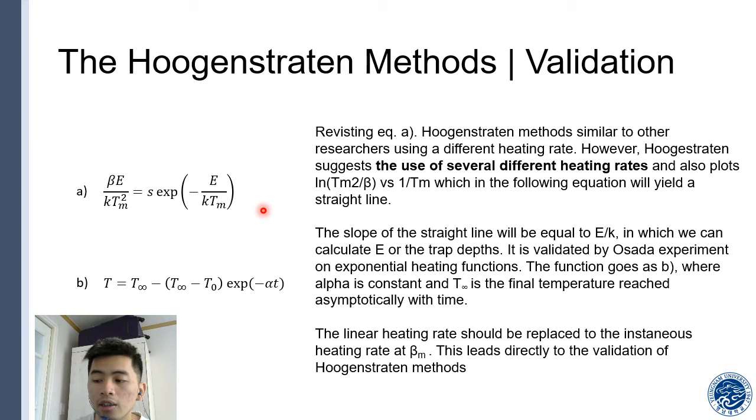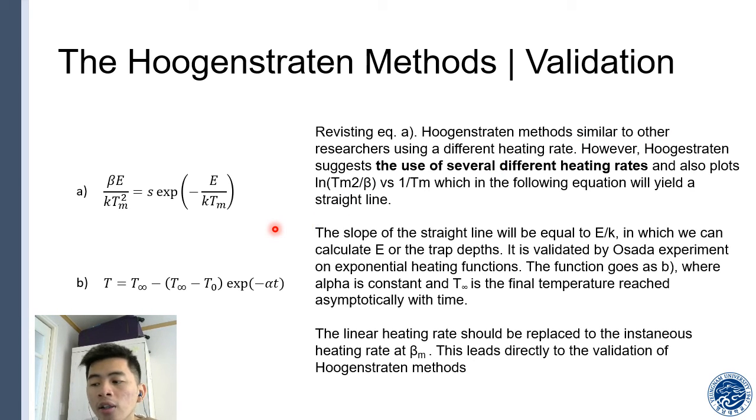In the research that we discussed last week, the researchers used three different heating rates, and then plotted the natural logarithm of Tm to the power of 2 divided by beta, the heating rate, versus 1 over the temperature of the material, which in the following equation will yield a straight line.